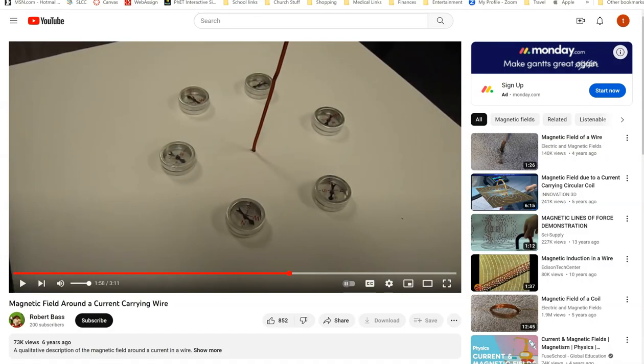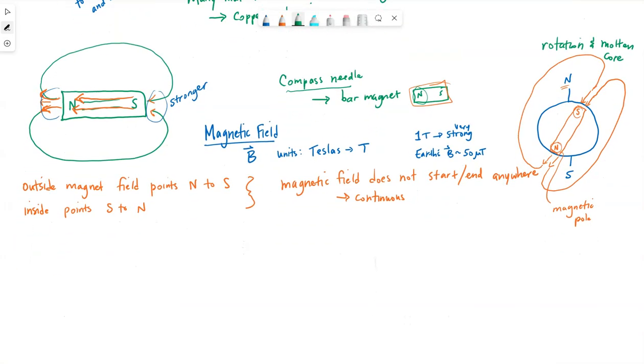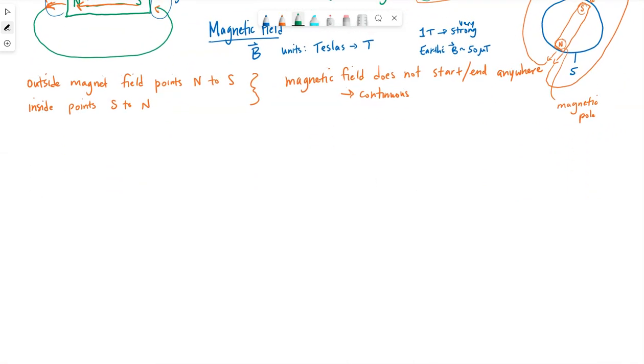So if I come back to this screen here, when the current was flowing upwards through the wire, if we imagine this circle going around this wire, these little bar magnets lined up such that those compass needles lined up tangent to that circle.